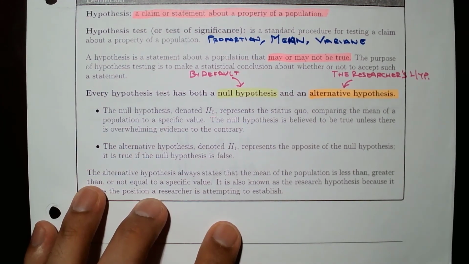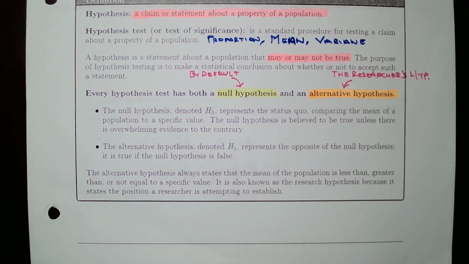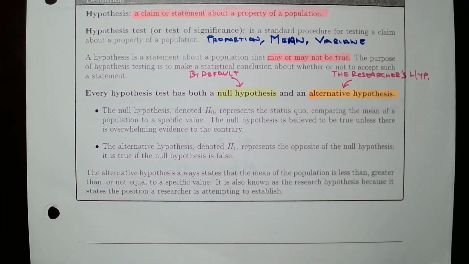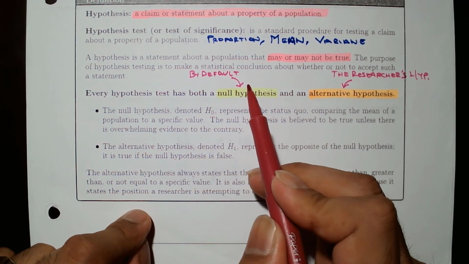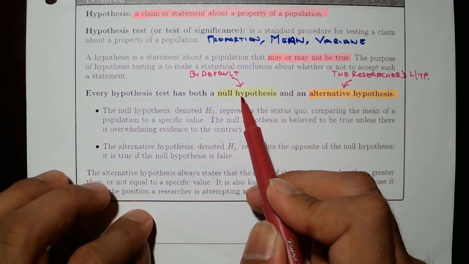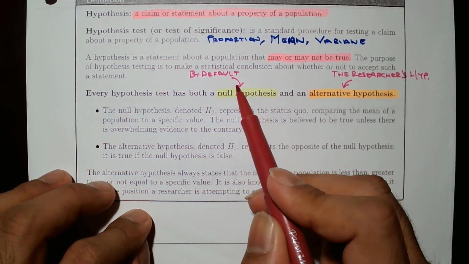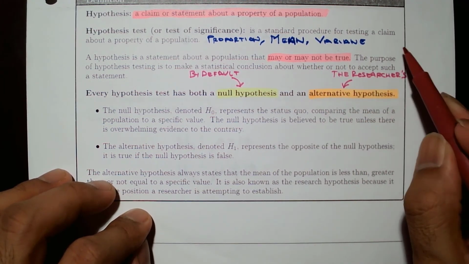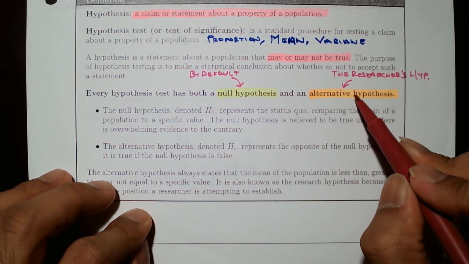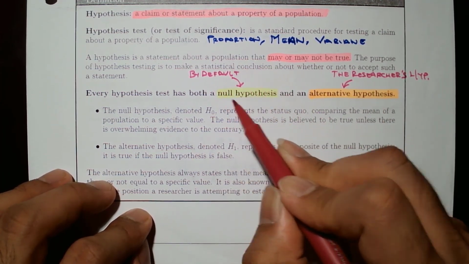Now, what about which one is which? Well, let me give you an example. Consider, for example, the American justice system. Every time a criminal is going to be judged in court, by default, which is the null hypothesis, the criminal is innocent, unless the prosecutors have enough, sufficient evidence to prove this wrong, right?